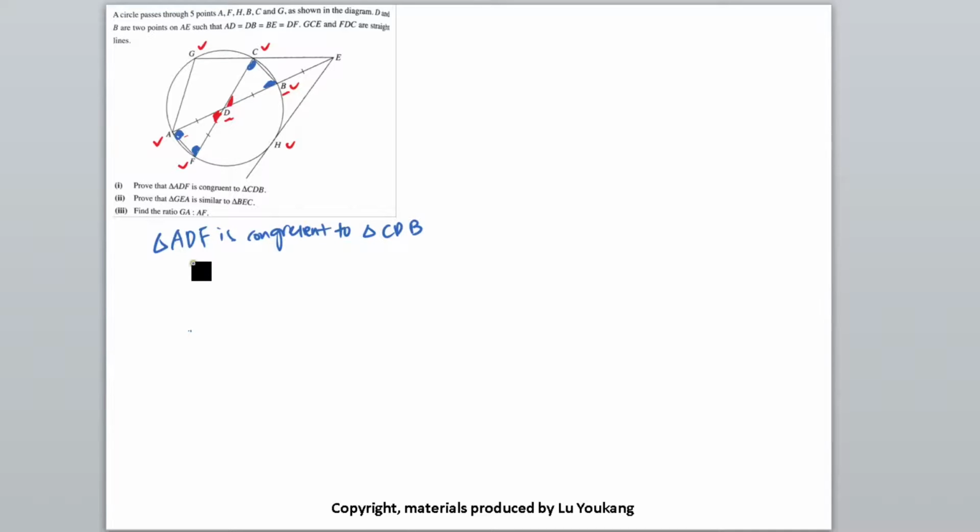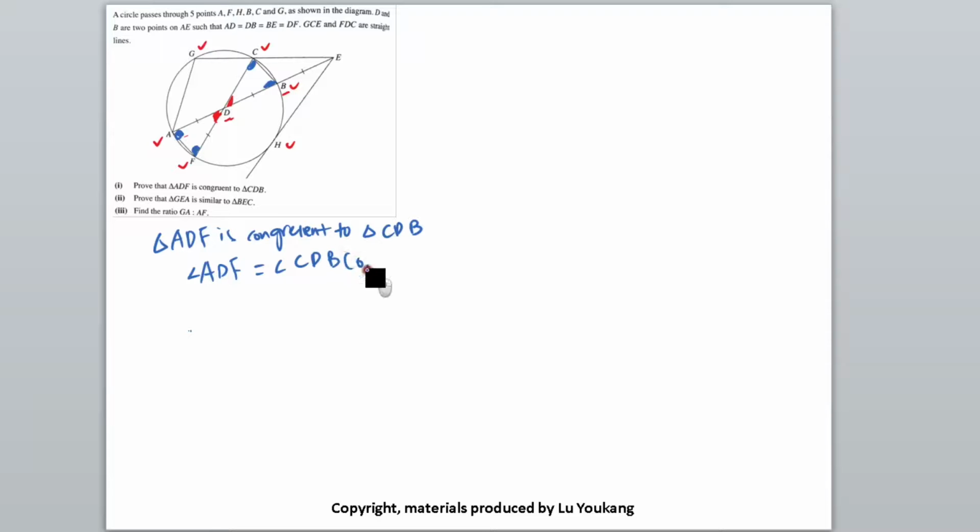And therefore I can conclude that triangle ADF is congruent to triangle CDB. Why? Because you have a few ways to prove this. The way I'm using is ASA.